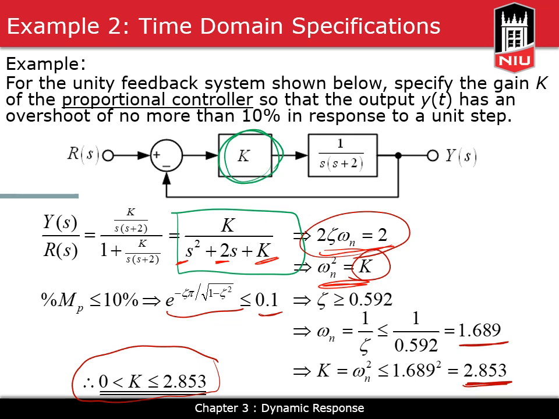One more thing to notice here is that if you don't feel comfortable working out this inequality, you can just change that inequality to equality and actually find the value of zeta that will give you the 10% overshoot. That would be equal to 0.59. How do you know if zeta has to be greater than that value or less than that value so that we get less than 10% overshoot? Always have this as your guide.